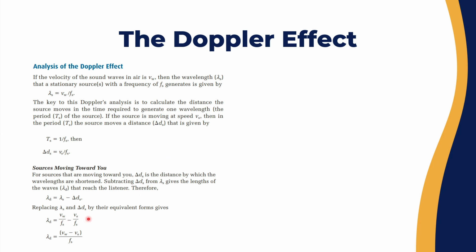Replacing lambda s and delta ds by their equivalent forms, that would give you lambda d equals Vw over Fs, that's for lambda s, minus delta ds, which we know equals Vs over Fs. So lambda d would equal Vw, the wave speed in air, minus Vs, the speed of the source, over Fs, the stationary frequency.